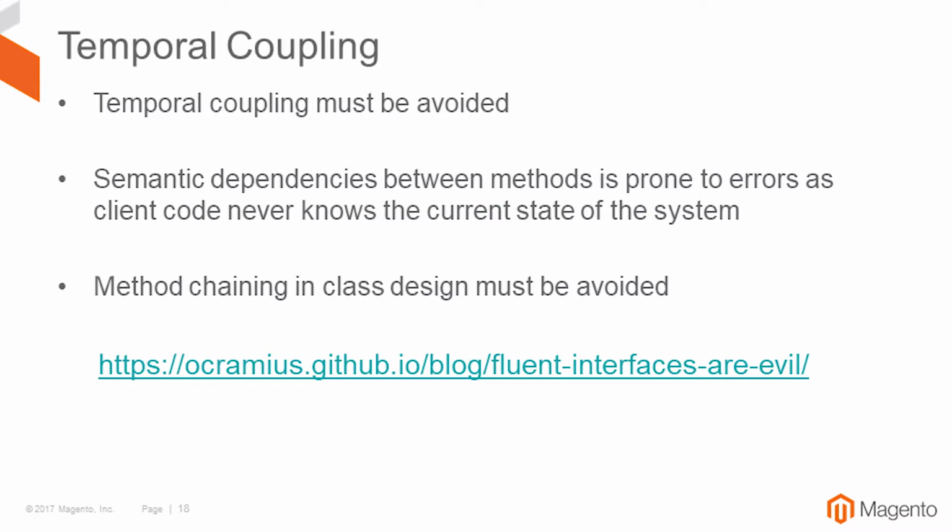One example would be a builder, but builder is not as bad as other classes using this approach. So if you see a lot of method chaining, you should always think about which methods, and in which order, should I call to make it work. So basically, this is the temporal coupling.